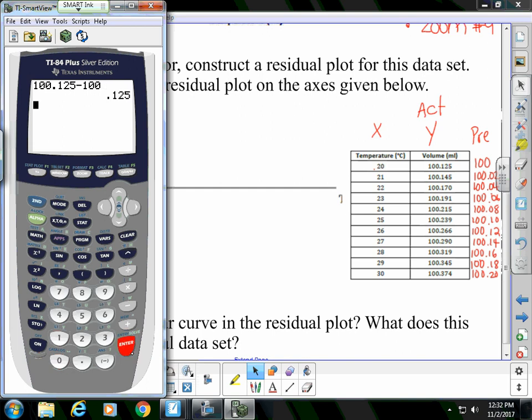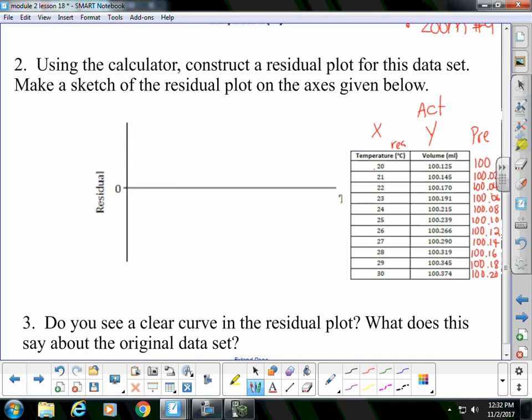Okay? And I'm just going to put those right next to my x because that's what I'm going to end up graphing. So right here, I'm going to put the residual. So that first one came out to 0.125. Okay, the next one is 100.145 minus 100.02. And that one's going to come out to .125.